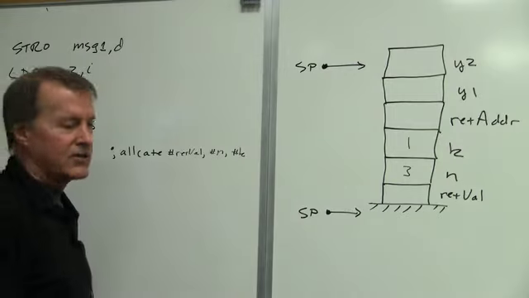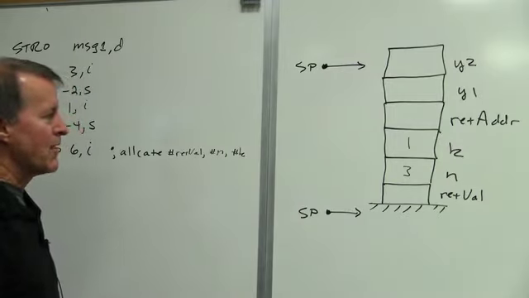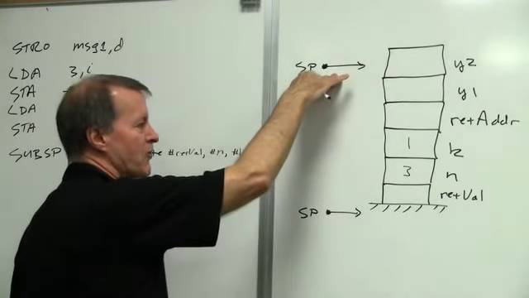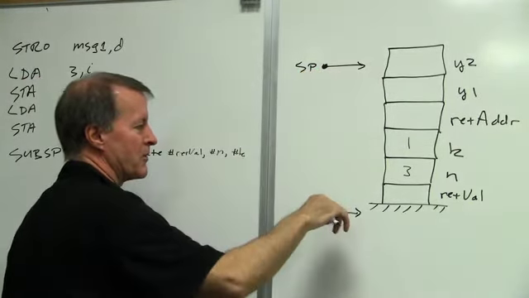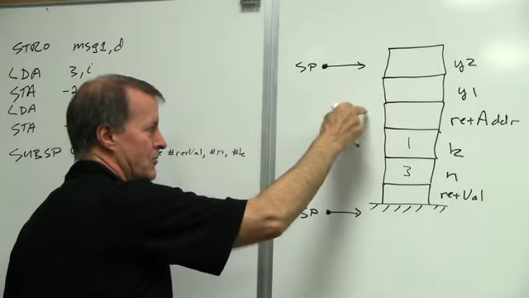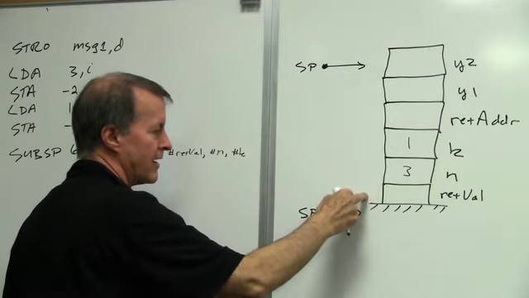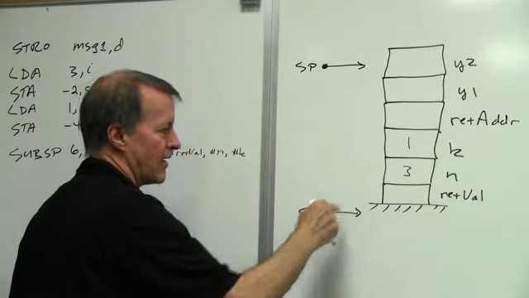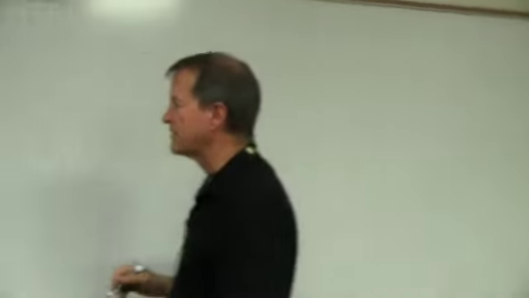So whenever we are referring to retval, N and K, what values are we referring to? SP plus what? 2, 4, 6, 8. No, not negative, positive. So let's come over here and take care of this right now.